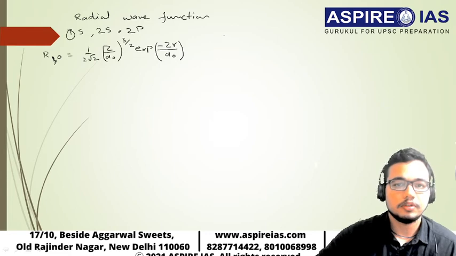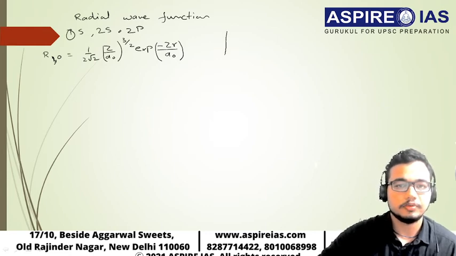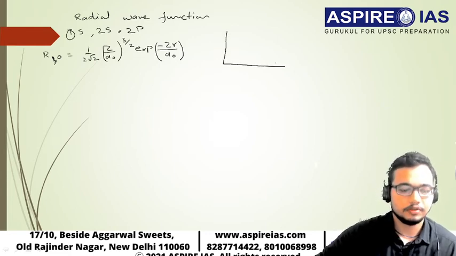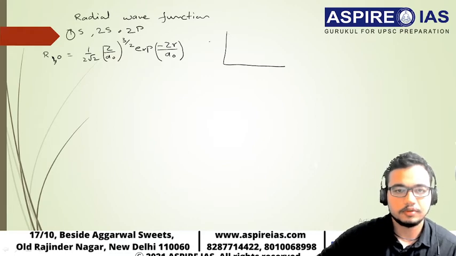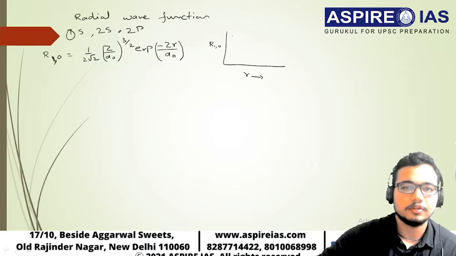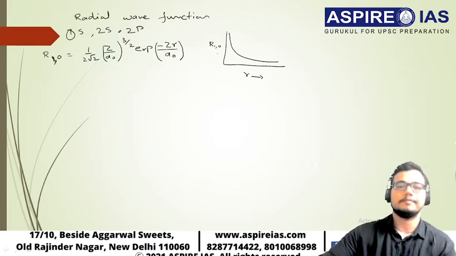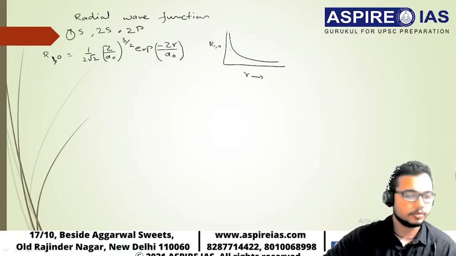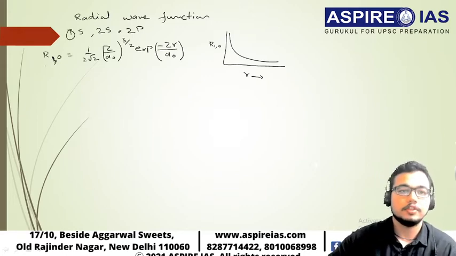Now from this we can get the radial distribution. The radial distribution will be like this: R10 versus radius. If they ask for radial distribution, this will be like this. Now this is not important.